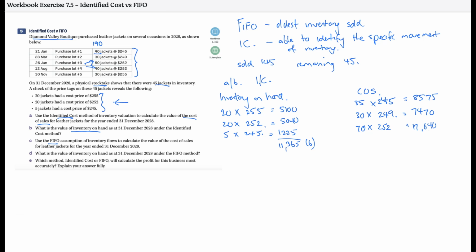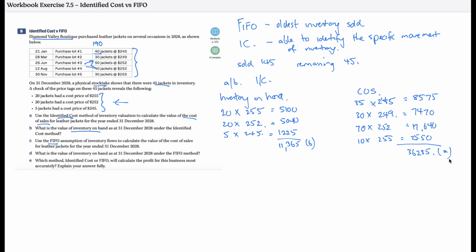And then we look at the $255 ones. We had 30, we have 20 left, meaning we must have sold 10 of the $255 ones, resulting in $2,550. Now, if we add all that up using our calculator, that means our cost of sales was $36,235. That is how we work out our answer to A.